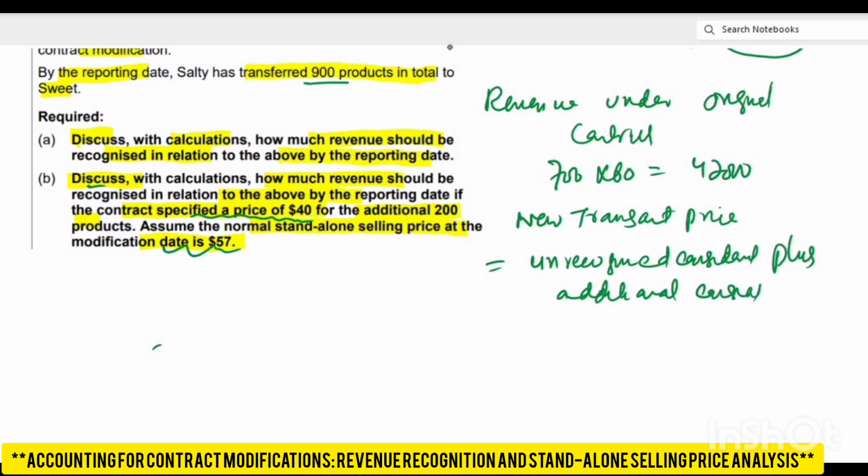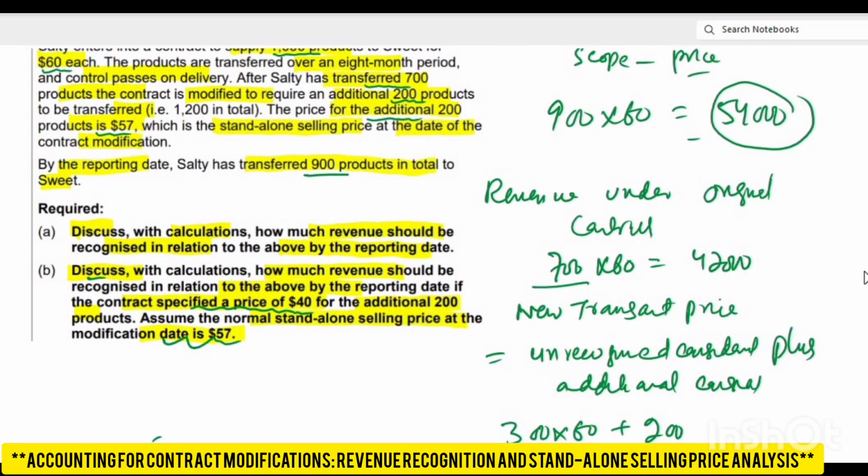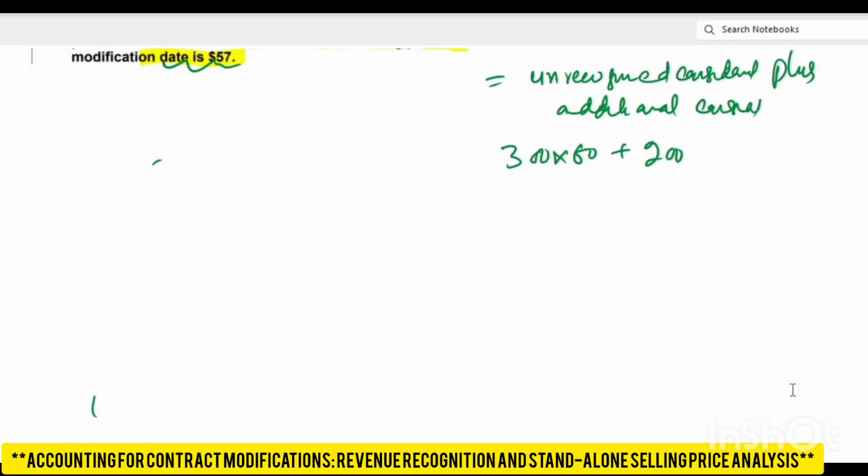Okay, there is a 1000 product contract, but you have already recognized 700, so the remaining 300 is not recognized, with the rate of 60, and the additional is 200. You see here in the question that they are requesting 200. The additional 200 products are to be transferred at the rate of 57, sorry, 40.